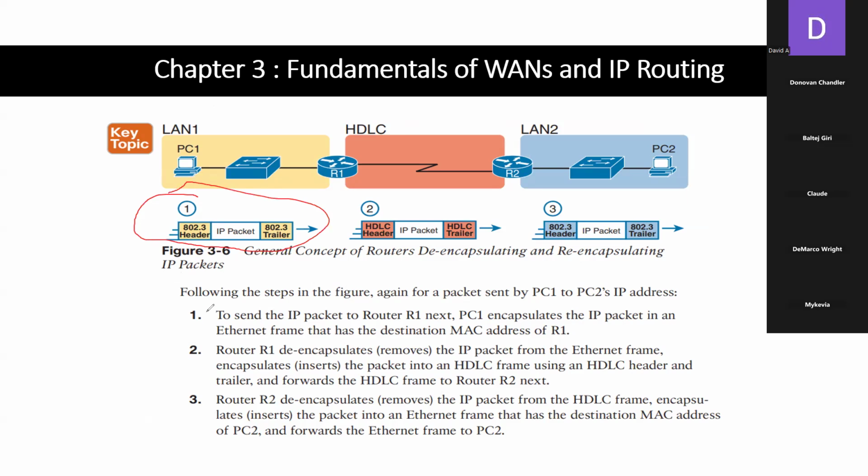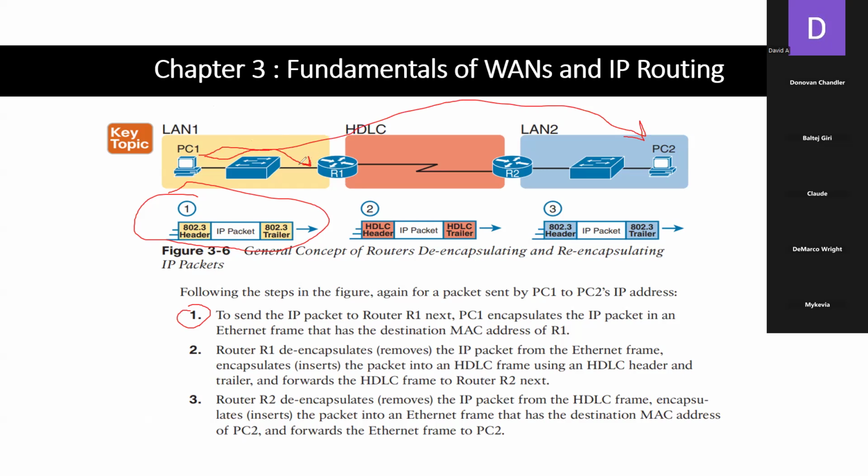802.3, so Ethernet, to send the IP packet to router 1. To router R1 next, PC1 encapsulates the IP packet in an Ethernet frame that has a destination MAC address of R1. So he wants to send it over here, but first he has to send it here.